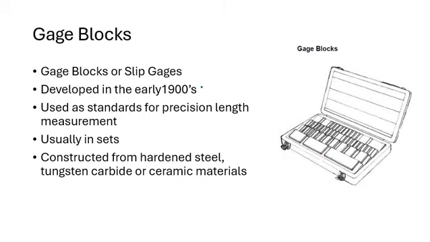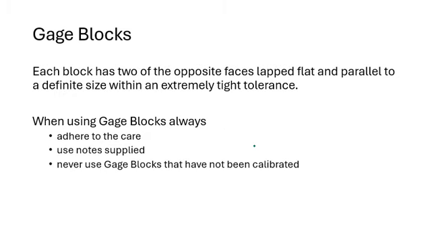When you take a look at the gauge block, you have two opposite faces. They are flat surfaces, and they are perfectly parallel to each other. Also, they have very tight tolerance. So when you're using gauge blocks in the laboratory, make sure you use them with care. Use your notes and supplies on how to handle and use them, and never use your gauge blocks without calibration.